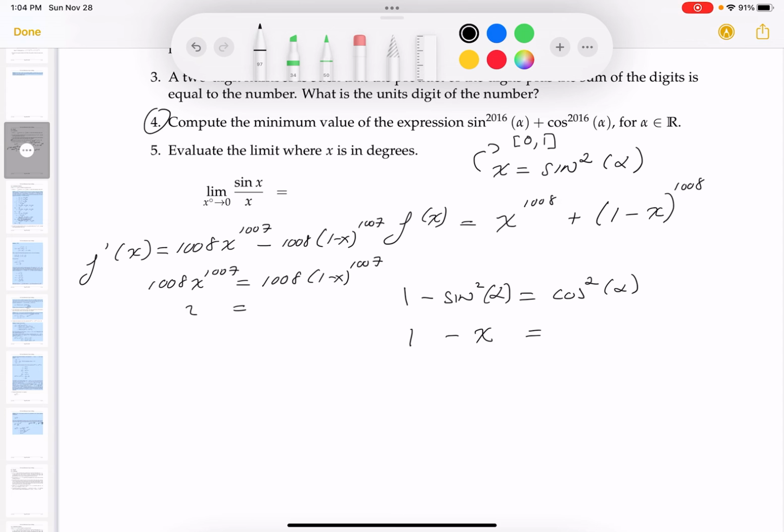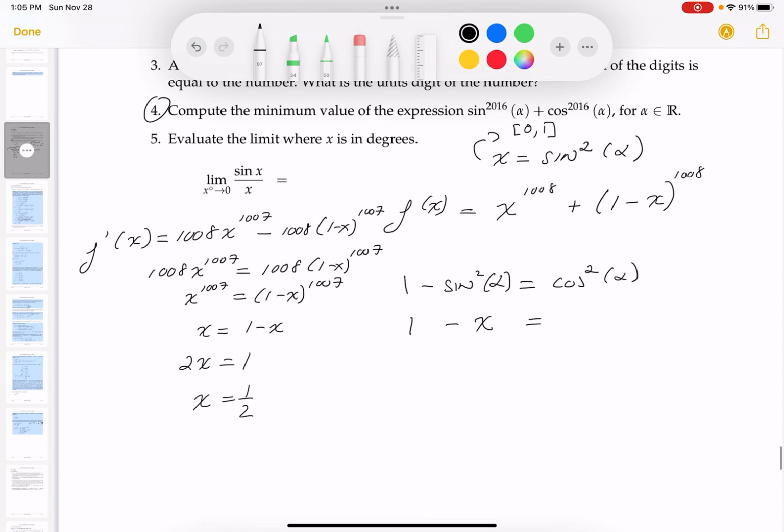I would get x to the 1007 and (1 minus x) to the 1007. Well, that means x is equal to 1 minus x, which means 2x is equal to 1, which means x is equal to 1/2.